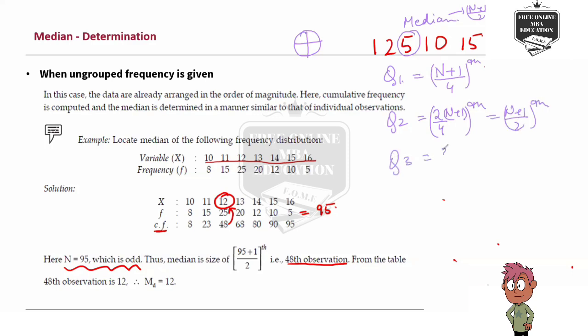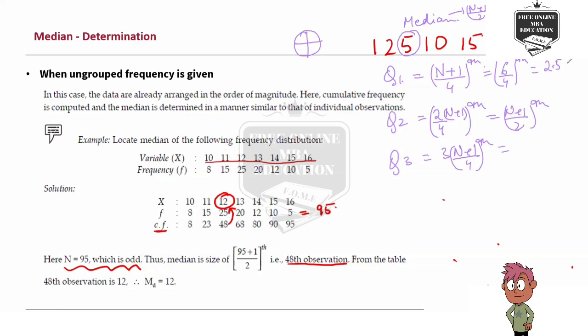Q3 is the 3(n plus 1) by 4th item. So now again you can calculate that. In this case, n was 5, so 5 plus 1 upon 4 is 6 upon 4, so that's coming out to be 1.5.